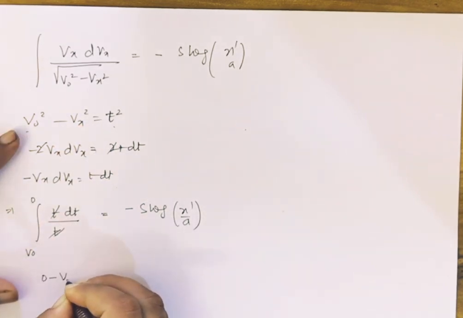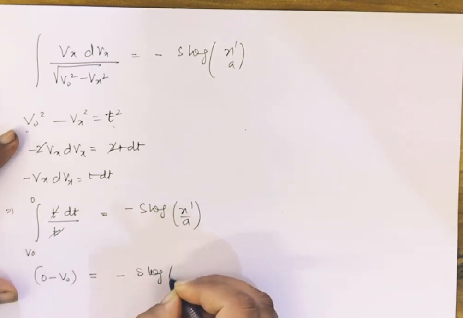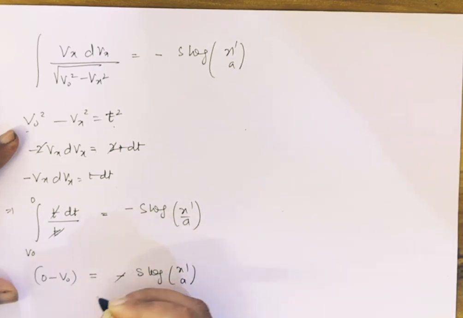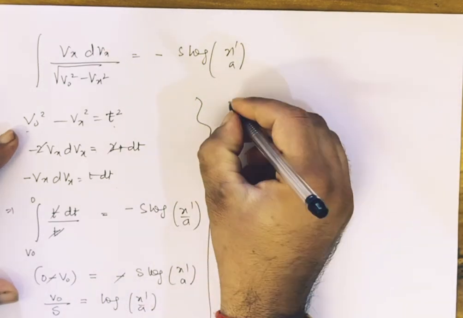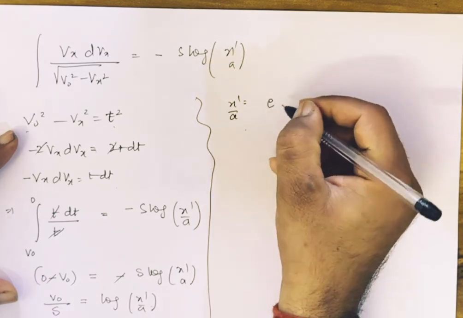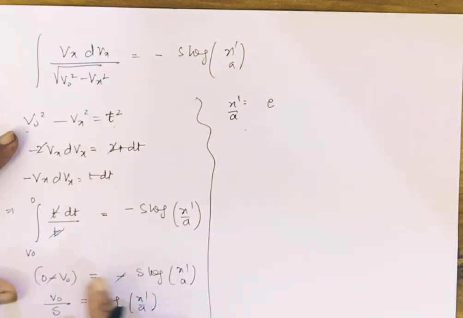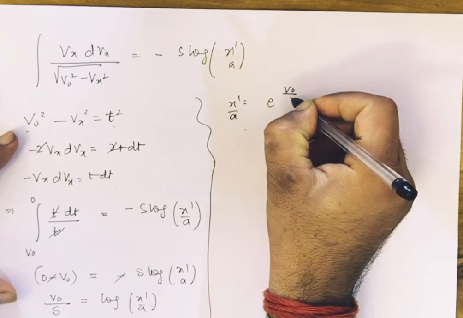So I get 0 minus v naught is equal to minus s log of x dash by a. The minus signs cancel, and we get v naught by s is equal to log of x dash by a, so x dash by a will be e power v naught by s.